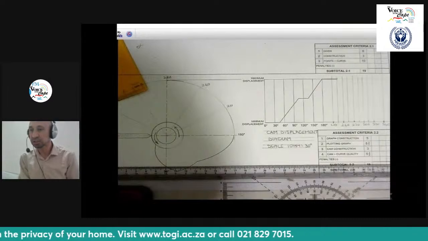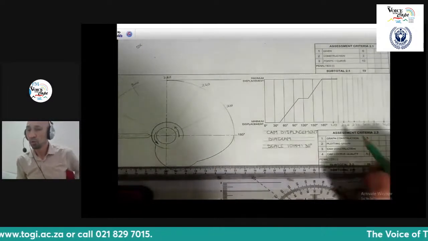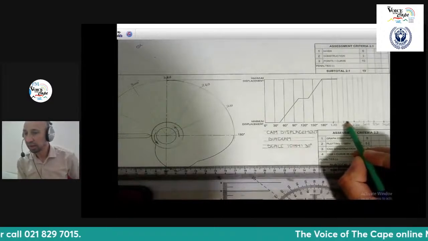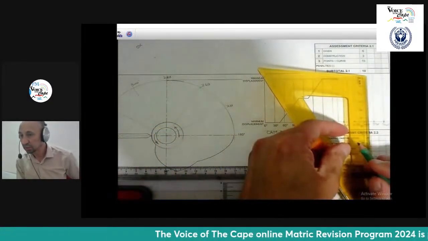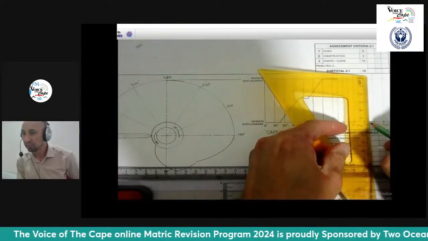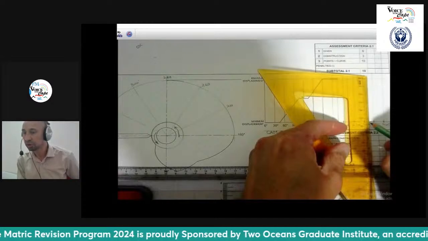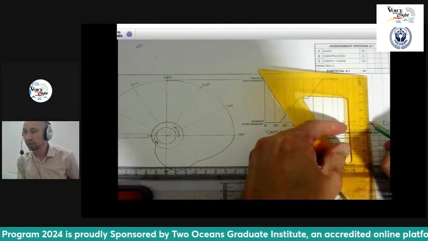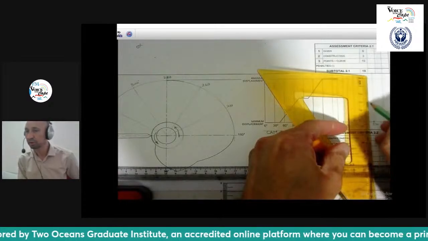It has to be 6 because you are going to draw your semicircle. To be able to draw your semicircle, you need to take the distance from the minimum to the maximum, divided by 2, so that you have a center point, and use your compass to draw a semicircle. That is what I'm doing.